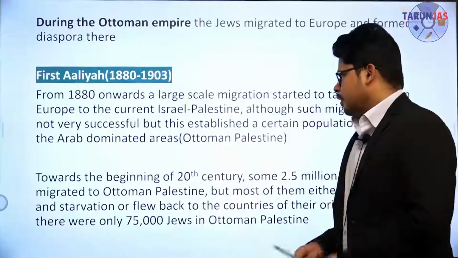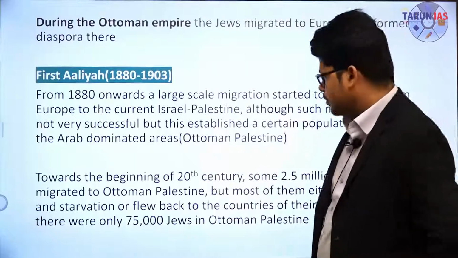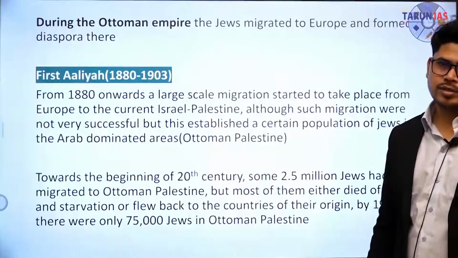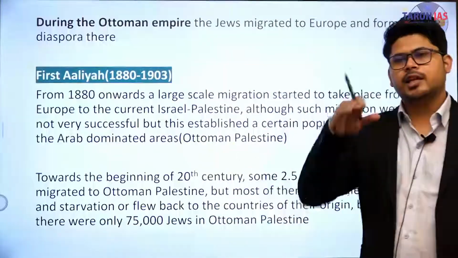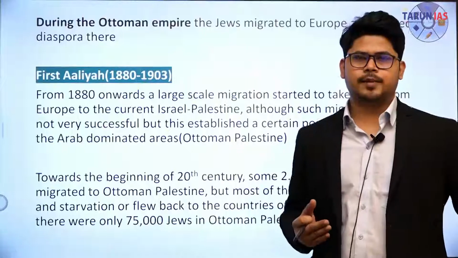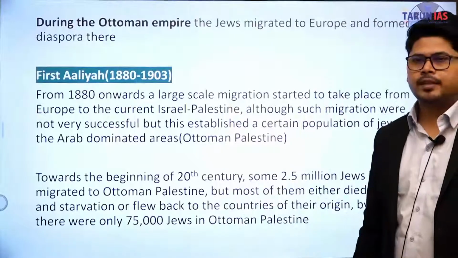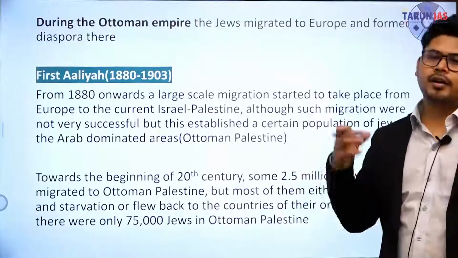ठीक है. Towards the beginning of the 20th century, 2.5 million Jews migrated to Ottoman Palestine. ठीक है. The Palestine that we know today, the Israel that we know today, the whole area was Ottoman Palestine. ठीक है. And these 2.5 million Jews migrated, but most of them perished or returned back.